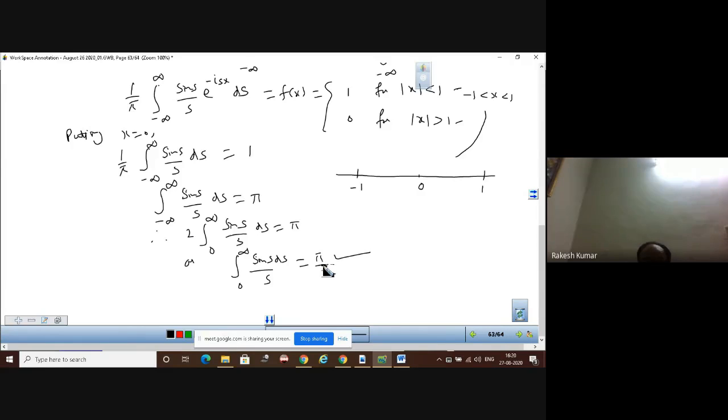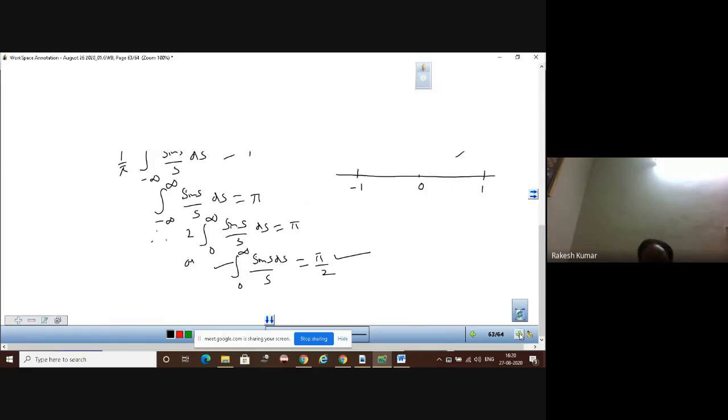So this is the value of the second part. We require this value. In this way, we can find the solutions of questions of various types of functions: first find the Fourier transform, and using the Fourier transform, you can easily evaluate the value of the integral.